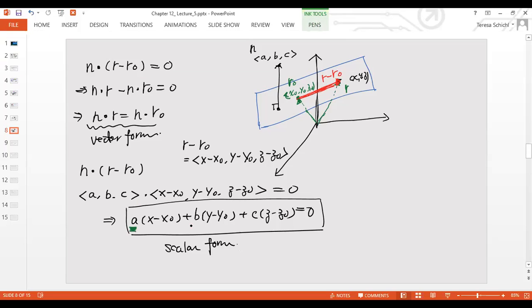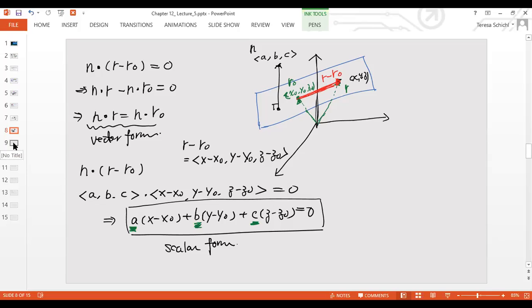See here, this is A, B, C. Those are the constants for my plane. And what do those constants form? They form a normal vector. That is what we call the plane in R3.